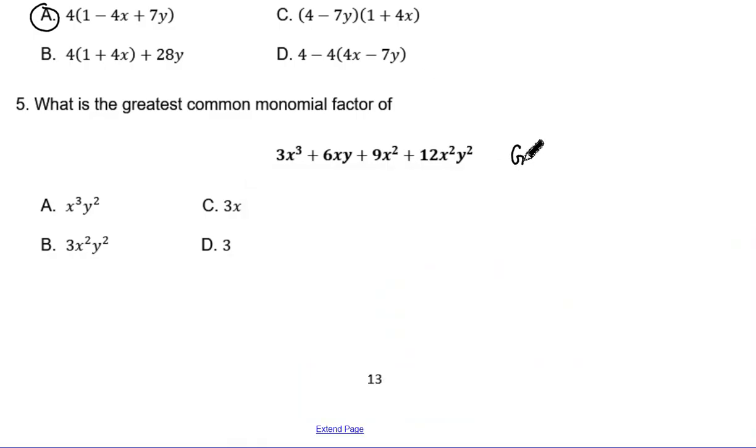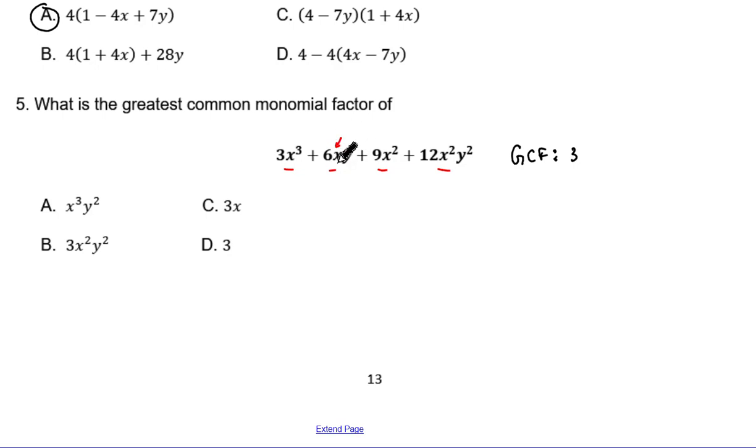So it's asking me to find that. So the GCF will be 3 for the number part, and then it looks like there's an x in all of them. And the most x I can take out is just 1x, okay? This is the most I can take out, because I cannot take out 2 x's from here.